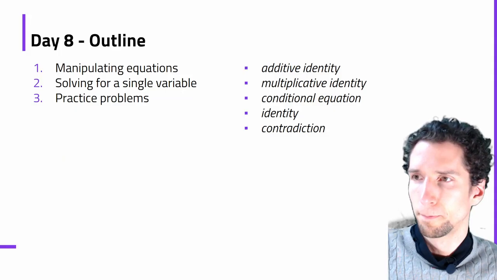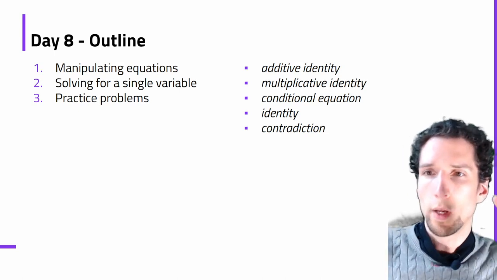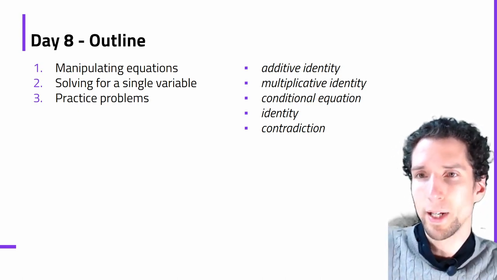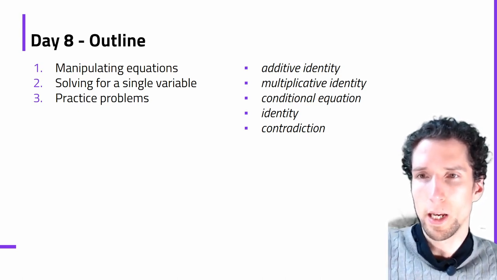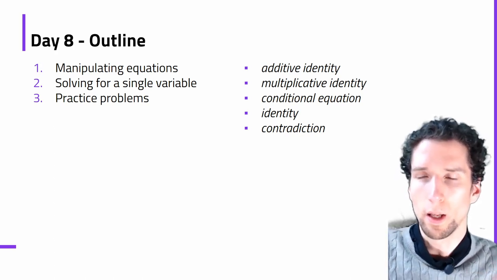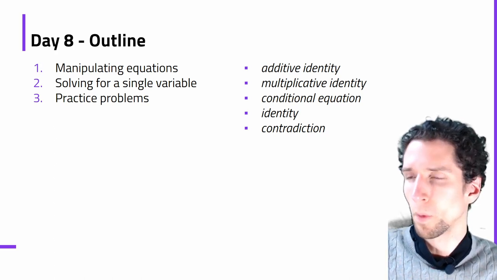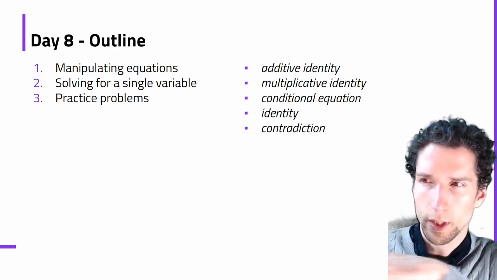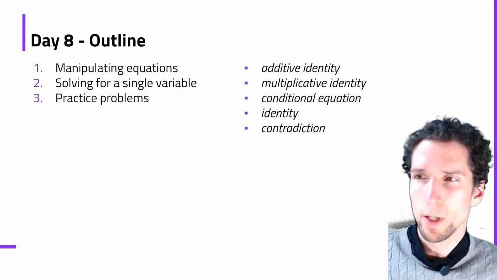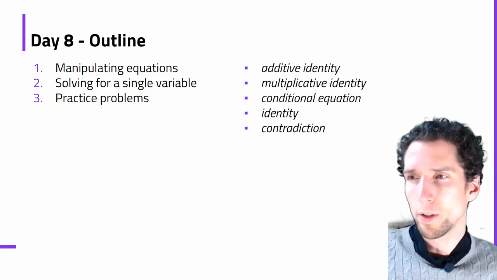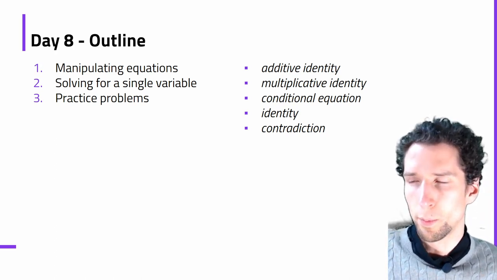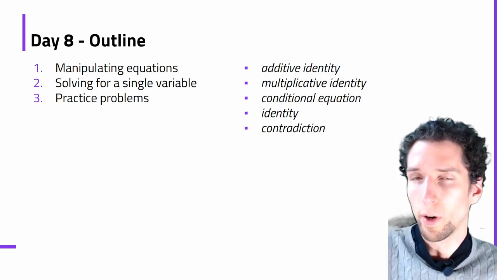Wrapping up, we've talked about additive identities, multiplicative identities, and then conditional equation, identity, contradiction. So some vocabulary terms to remember from today. We started off with the background theory and manipulating equations, and then most of the practice was solving for a single variable.